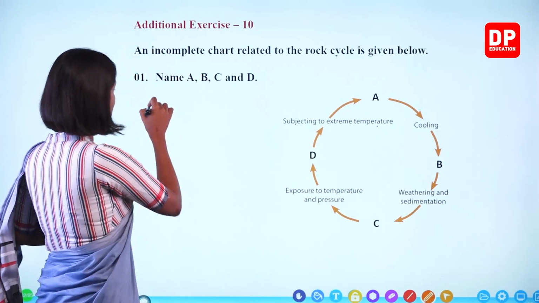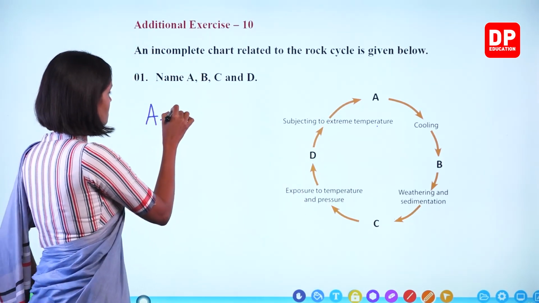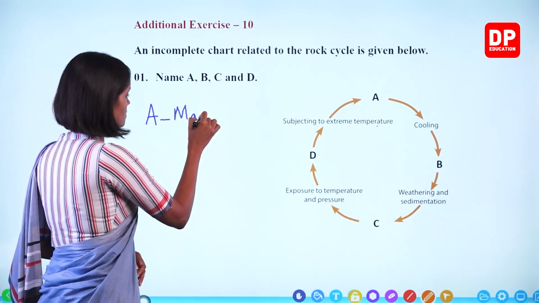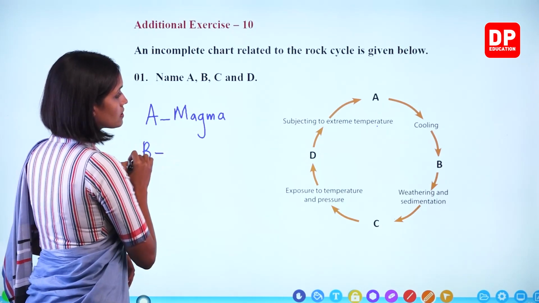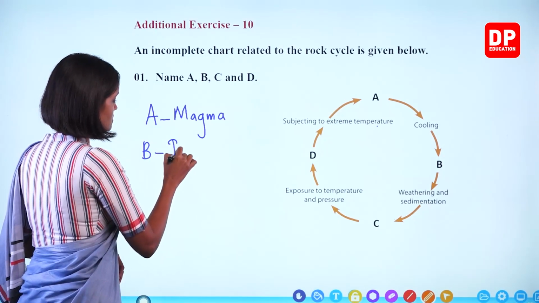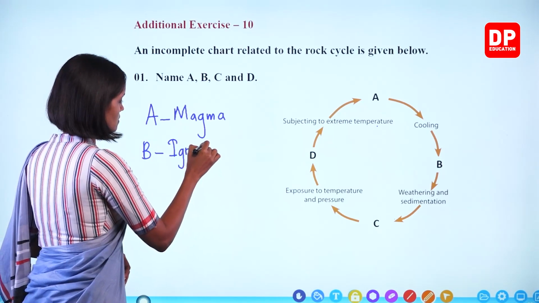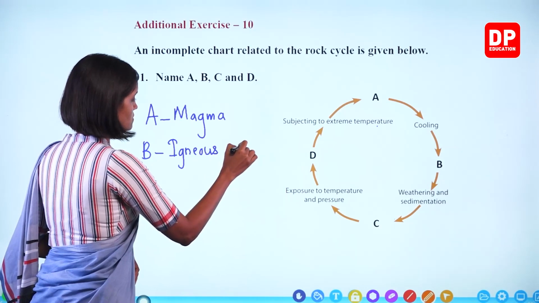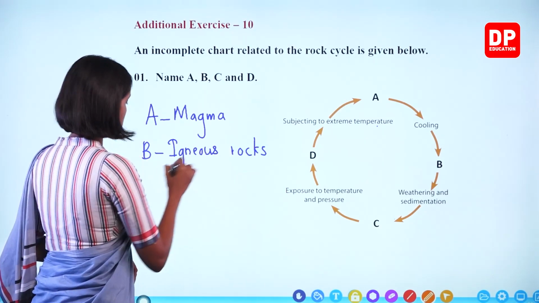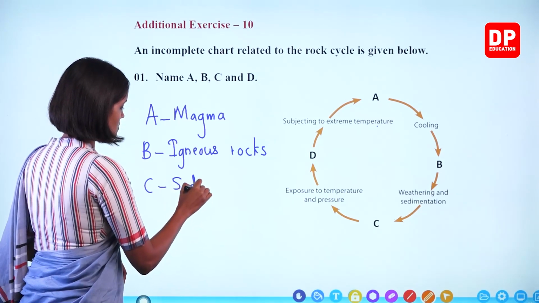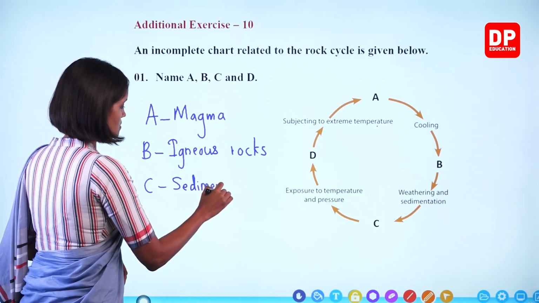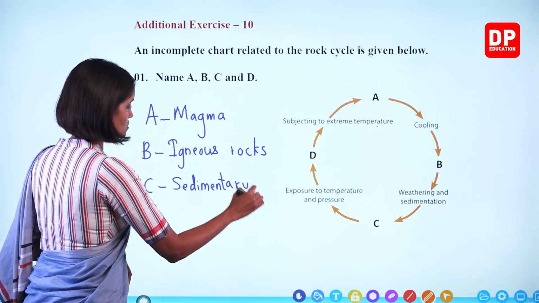We will write A, magma. B, igneous rocks. C, sedimentary rocks.